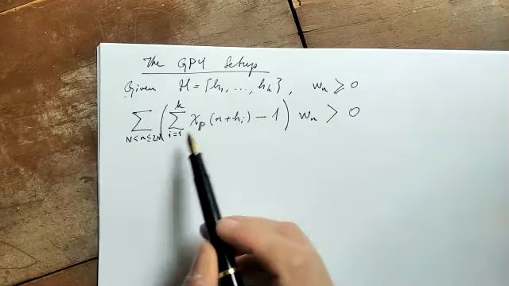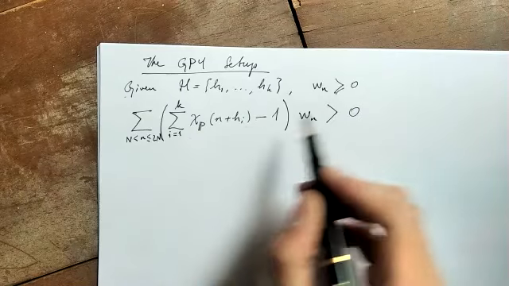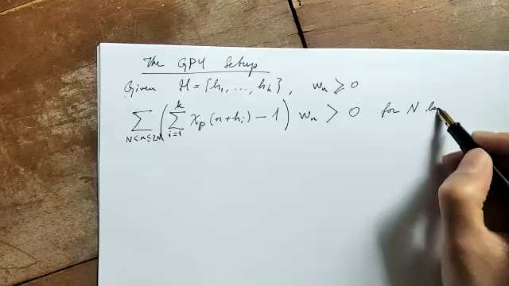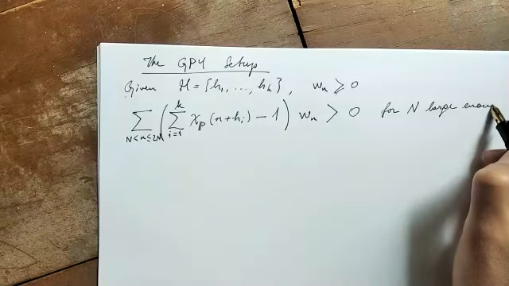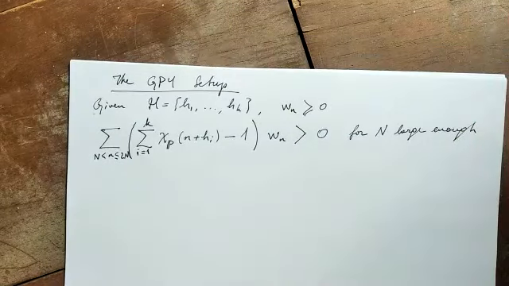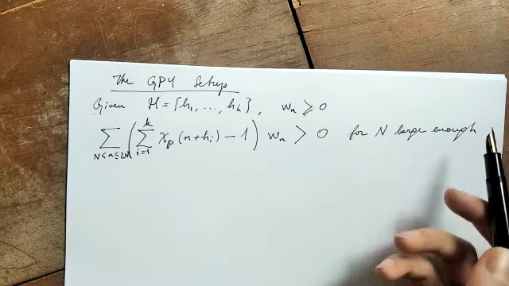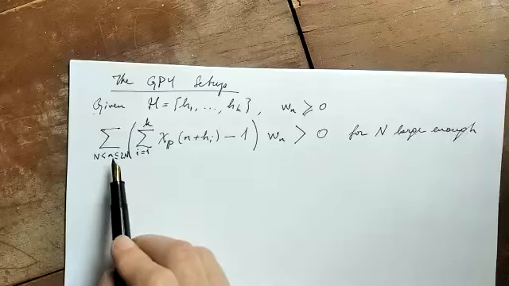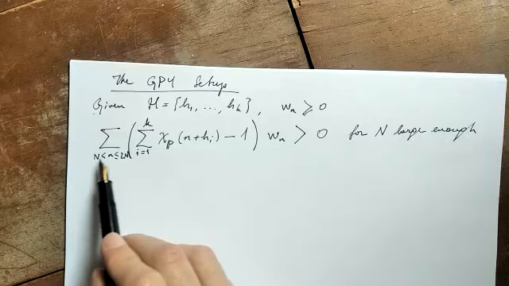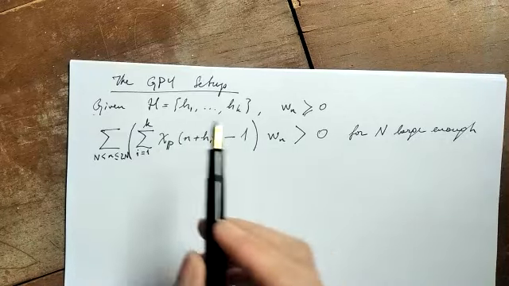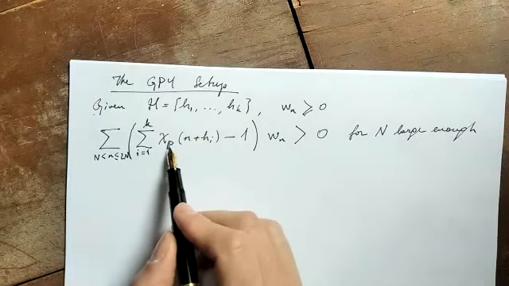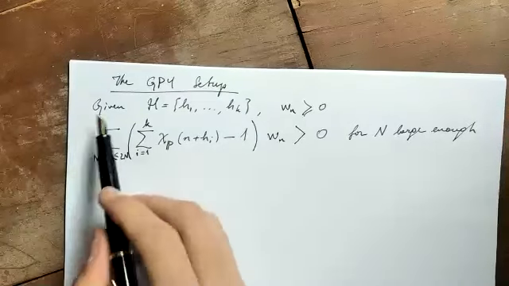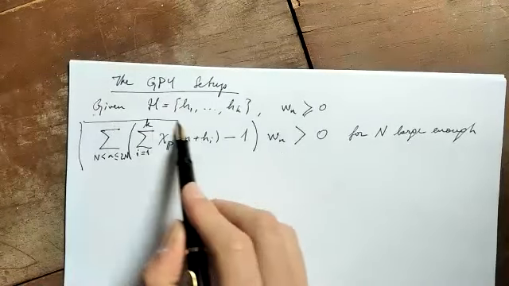So if you show this is positive for n large enough, then this implies that at least for one n between capital N and 2 capital N, there are at least 2 primes among the n plus h_i. So this is the goal.